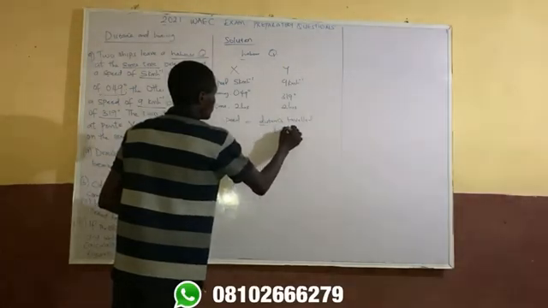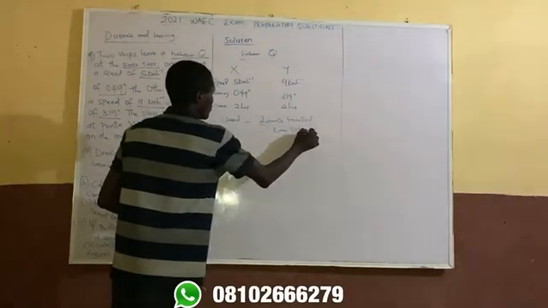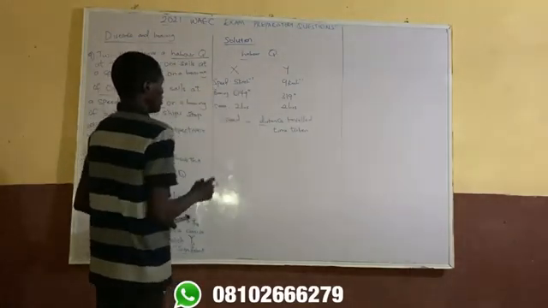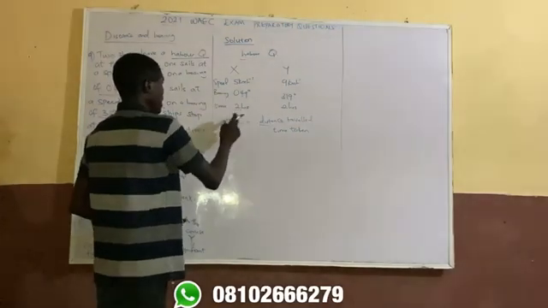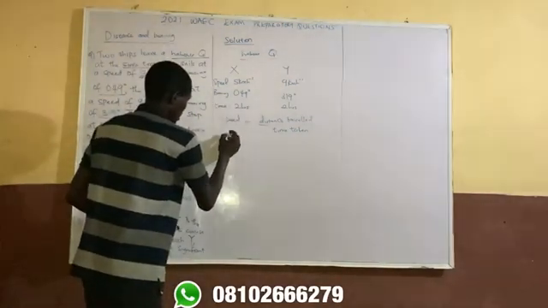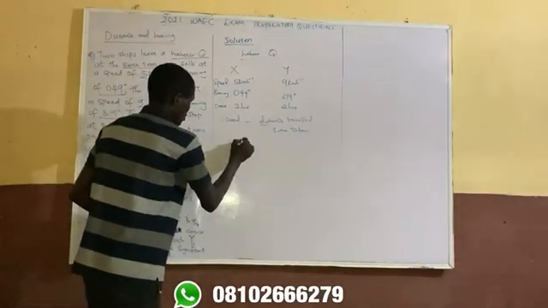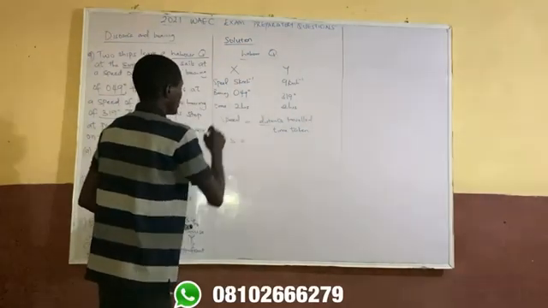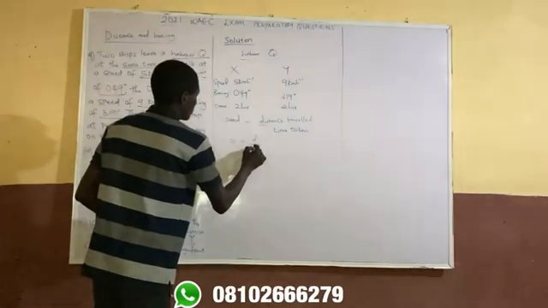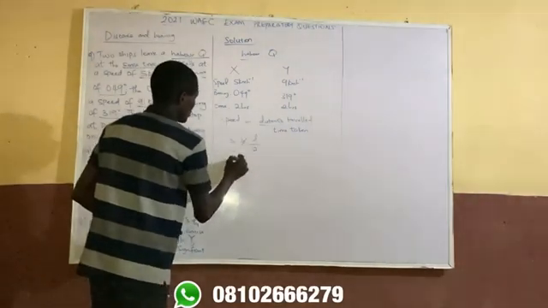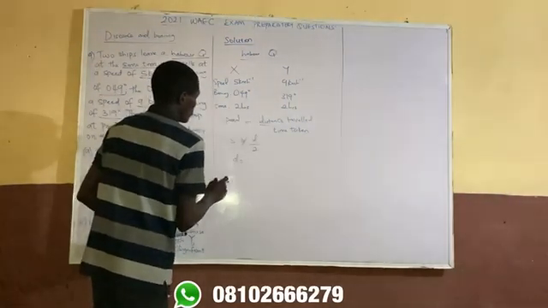It means that since we are given 5 km/h here, and the time is 2 hours, then 5 will be equal to d over 2, for X.